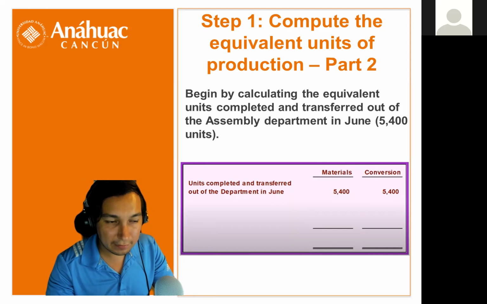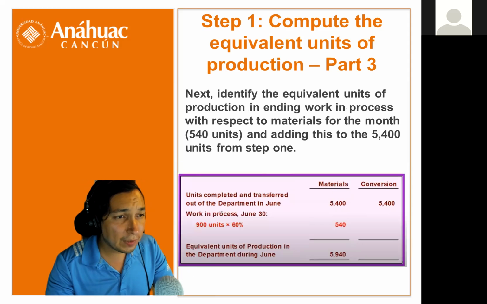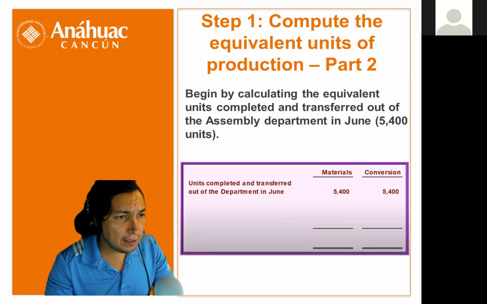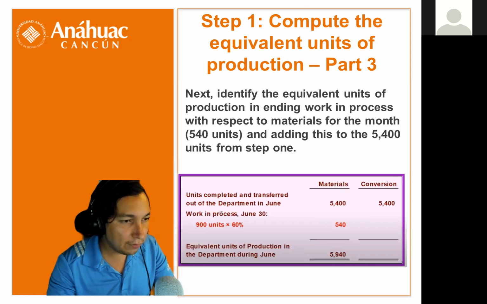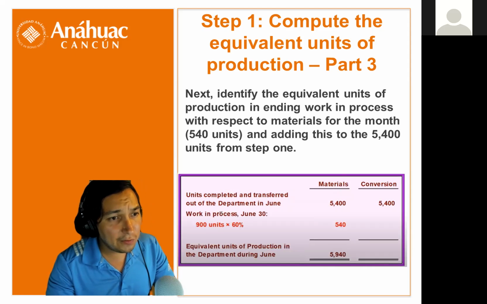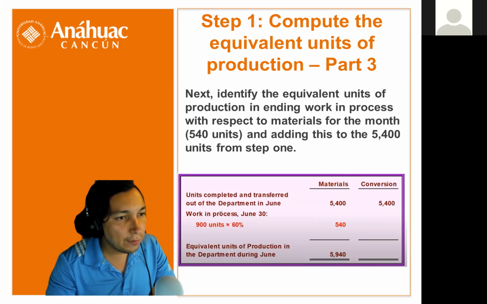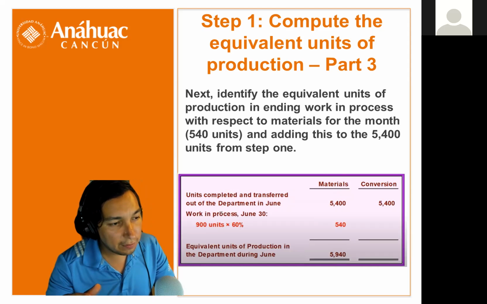Okay, perfect. So next, I did explain this one. Begin by calculating the equivalent units completed and transferred out of the assembly department in June. So we have those 5,400 units, and then we identify the equivalent units of production in ending WIP with respect to materials for the month.